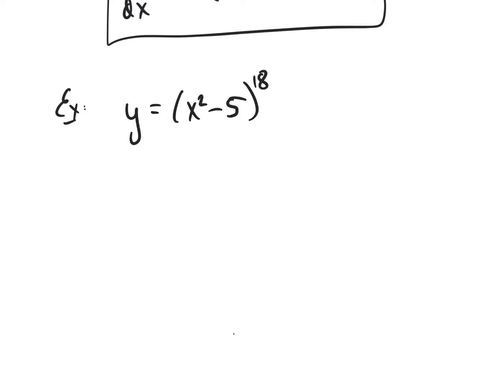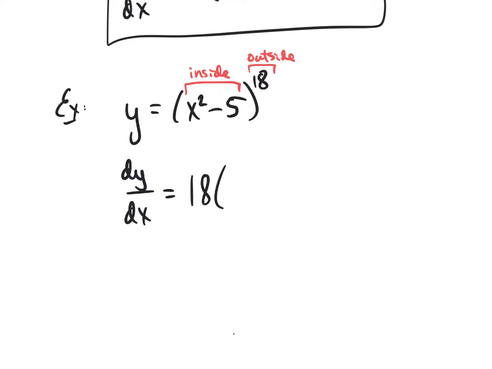What you have to do again is for yourself identify the inside function. I hope that's pretty obvious. It's going to be what's inside the parentheses. And you have to identify the outside function, which once again is just this power. What chain rule says is, to find the derivative, we take the derivative of the outside function, and since the outside is a power of 18, the derivative for a power of 18 is to drop down in front and subtract 1.